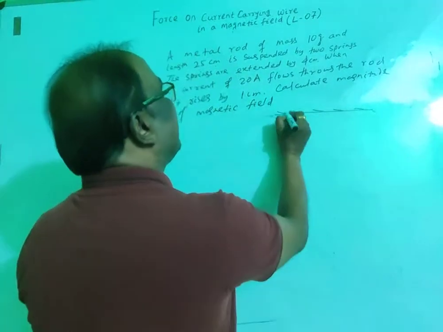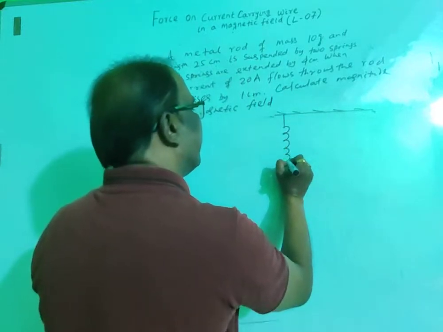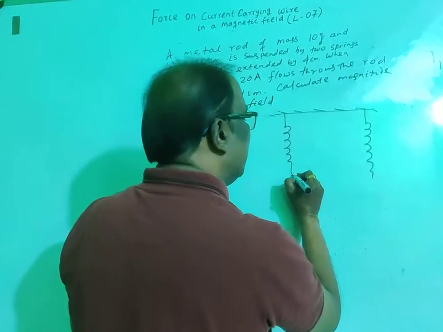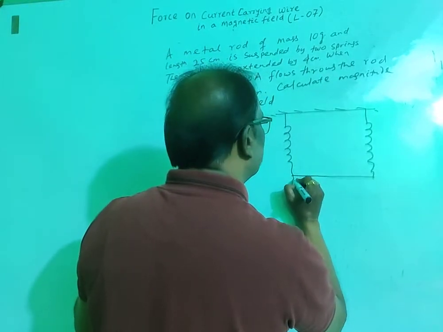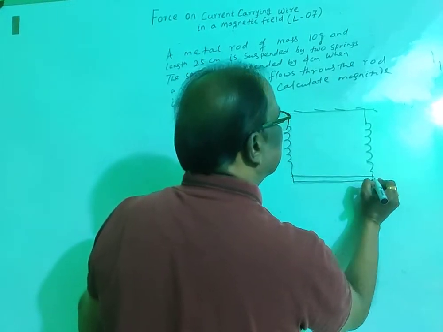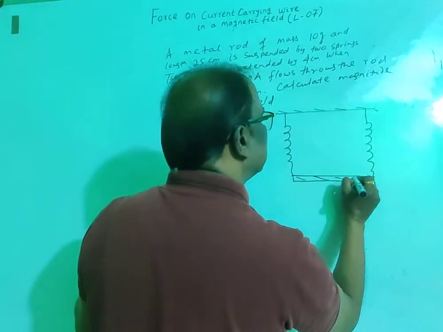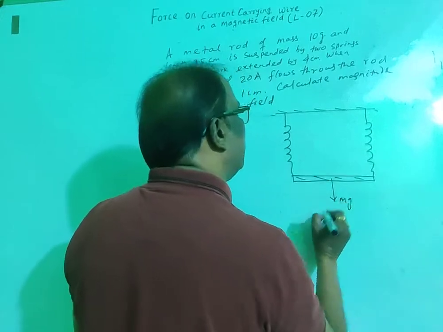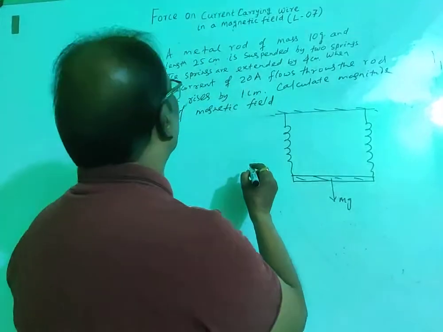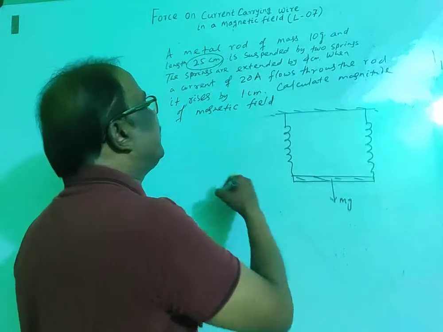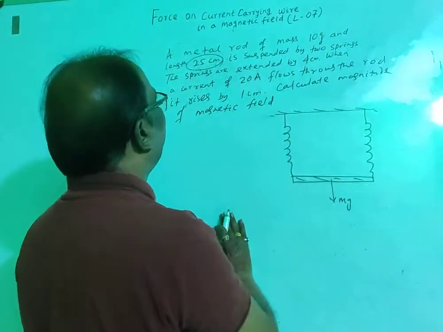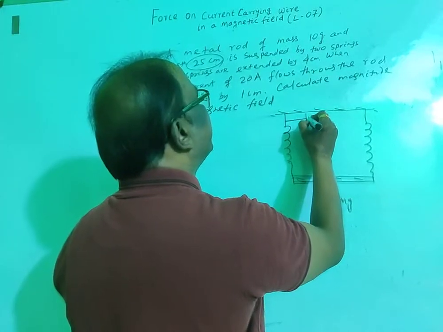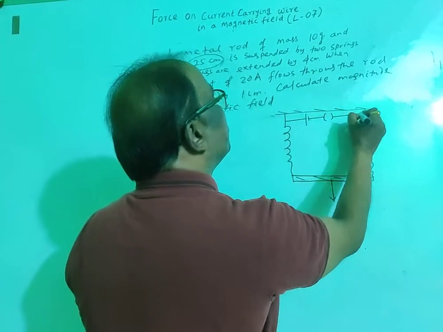Two springs are there, and a rod is suspended on the two springs. The weight of the rod acts vertically downward, the length of the rod is 25 centimeter, and mass is given. Here there is a source of EMF, and this is a switch.